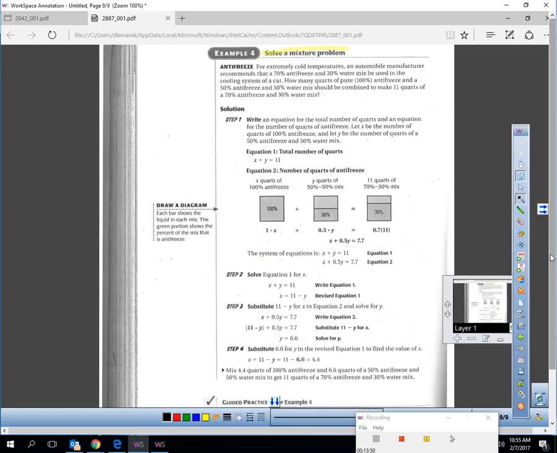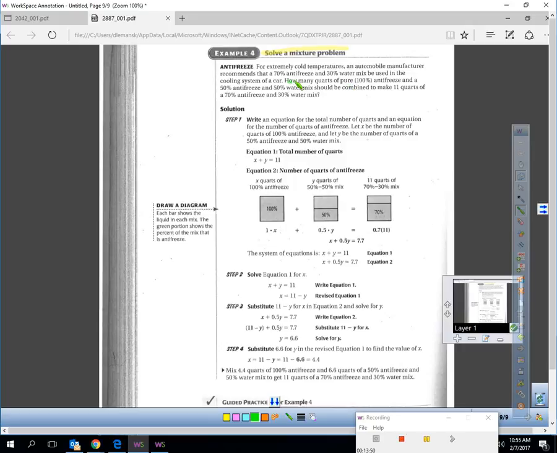Last problem, mixture problem. You did these earlier in the year, and we're going to do them again. I think they're a little easier to solve now that we know how to solve a system than it was with just one variable. For extremely cold temperatures, an automobile manufacturer recommends that a 70% antifreeze and a 30% water mix be used in the cooling system of a car.